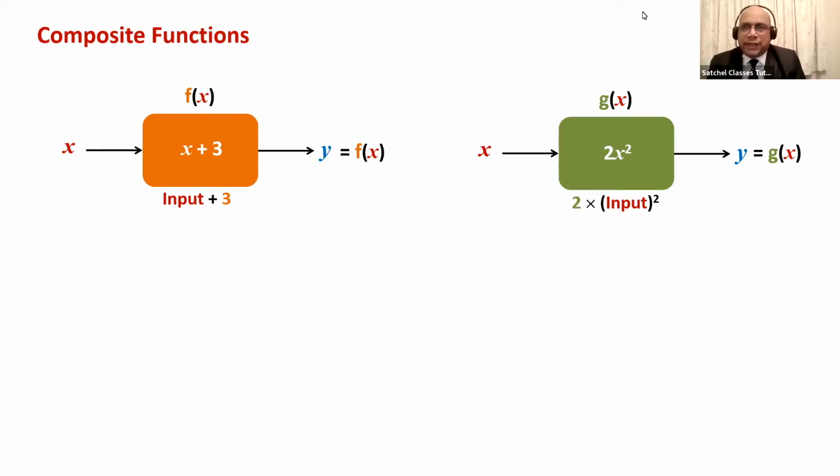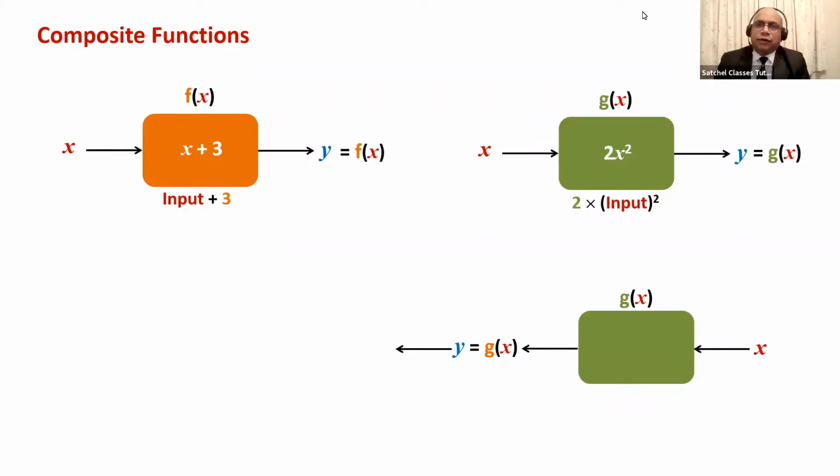Now let's do something interesting. This time we'll just reverse the flow, which means we'll input x into g of x, and whatever is the output, we'll feed it to f of x. Just reverse. Let's see what happens. We first input x to g of x. Output will obviously be g of x, which is now going into f of x. Now, if the input was x, the output would have been f of x.